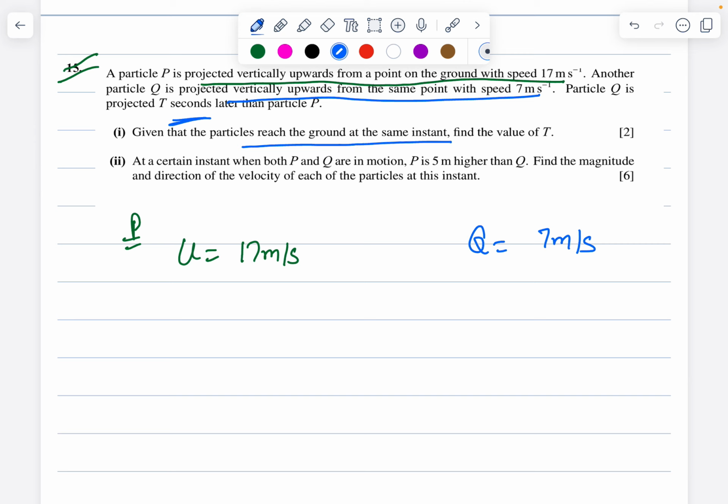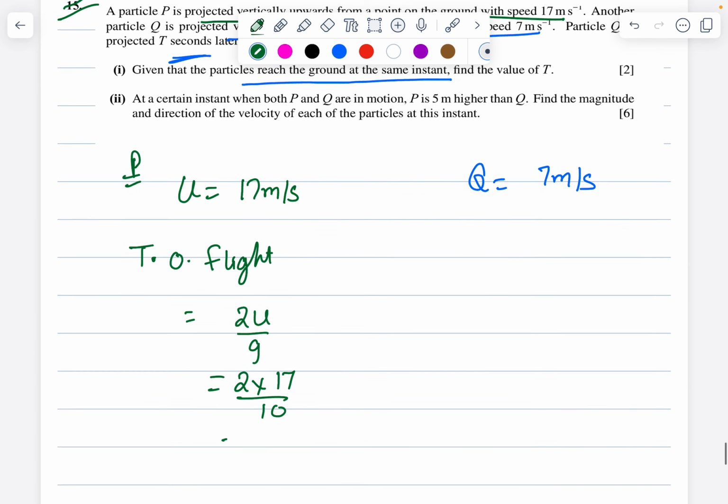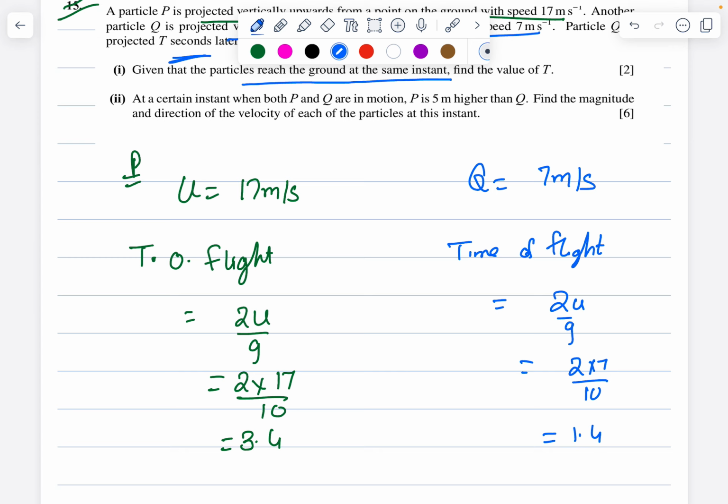So what am I going to do? I'm going to find the time of flight. Time of flight is nothing but 2u by g, 2 times 17 by 10, which is 3.4 seconds. Time of flight for Q is again 2u by g, which is 2 times 7 divided by 10, which is 1.4 seconds.